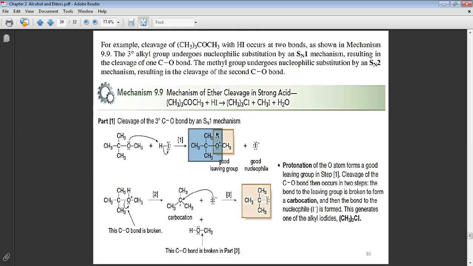Look, if we remove CH3 oxygen hydrogen, that means it will be CH3OH, an alcohol, yes? Now if you remove CH3 carbon, the R group with oxygen hydrogen, it will also be an alcohol. Then which one is more basic?